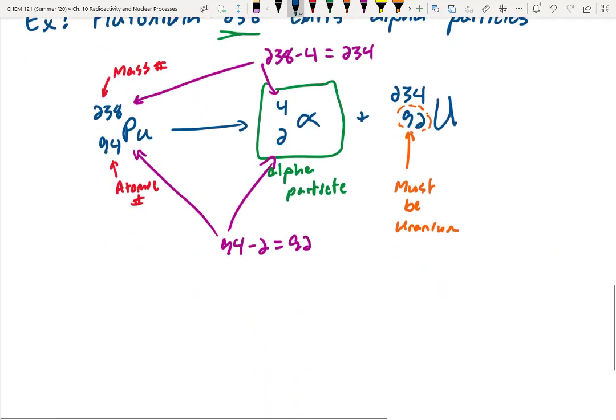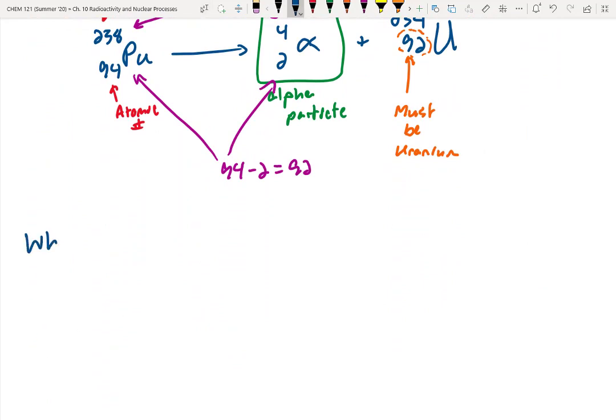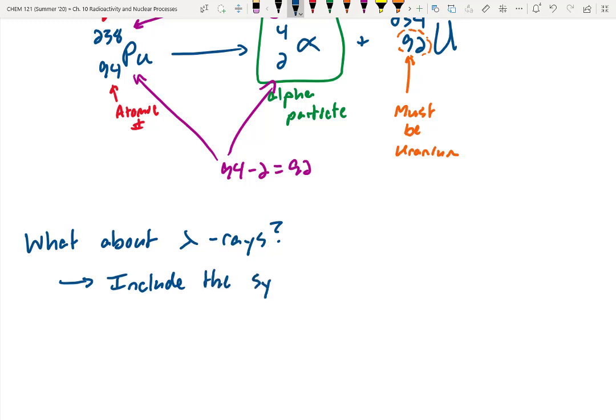So what about gamma rays? All right, so gamma rays don't have mass, right? So this gets a little bit weird. We include the symbol as a product, but it doesn't impact balancing.